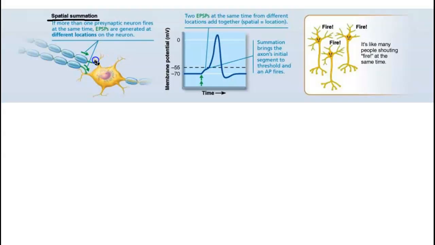So here we can see one neuron synapsing with the postsynaptic cell. Here's a second neuron making a synapse. And if those two neurons delivered a depolarization to this cell at the same time, like they're showing us on the graph, they're showing us two possibly subthreshold depolarizations, they could add up to a threshold depolarization when given at the same time, just from two different spots.